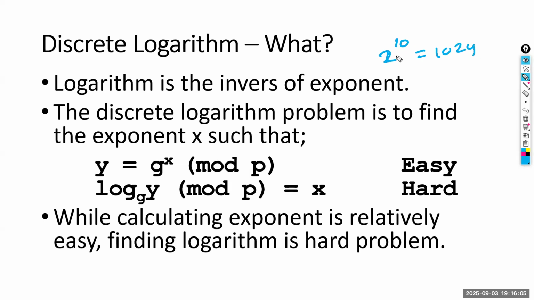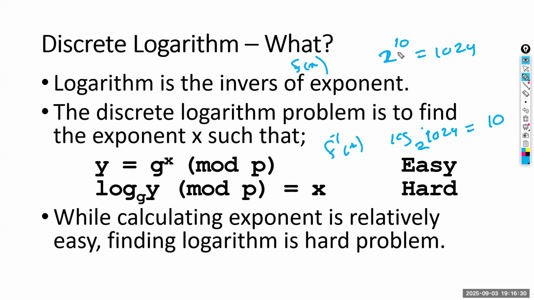That is the exponent. What is the reverse process? Log to the base 2 of 1024 is 10. This is the reverse. If this is f(x), this is f inverse of x.